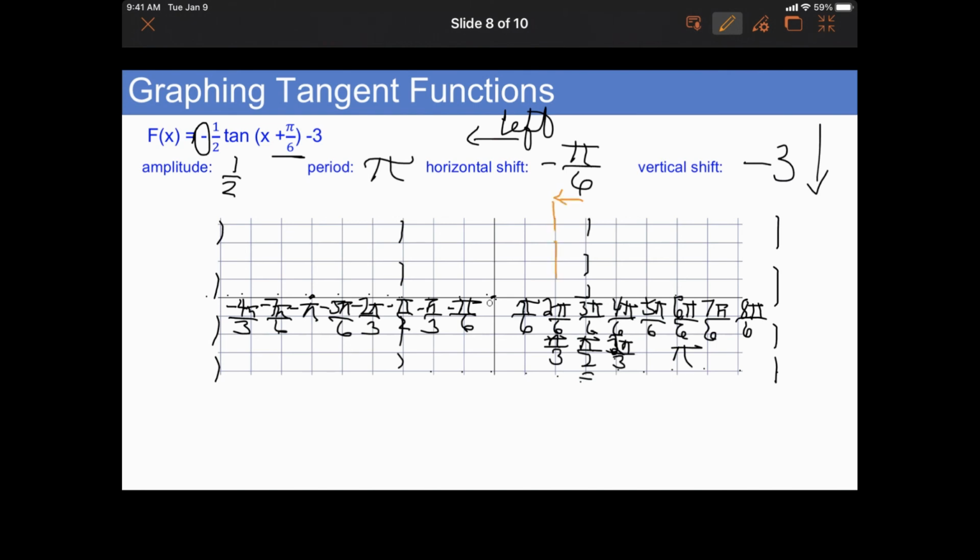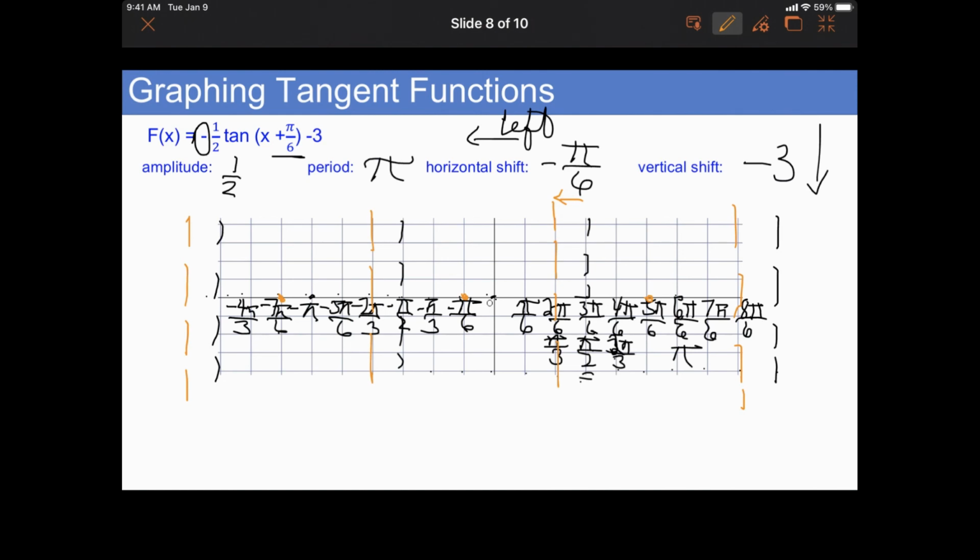Pi over 6. So this moved that way, this moved that way, and that way, and here. Okay. So now our center would be here. Now, I know I haven't shifted it yet, but there we are. Does that make sense?